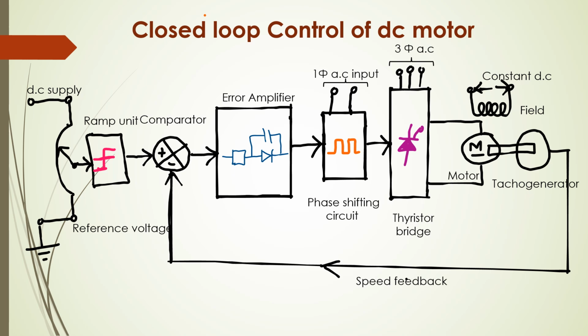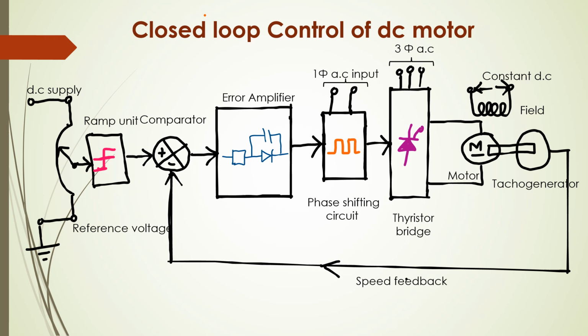Phase shifting circuit is nothing but the triggering circuit, which is connected to the gates of the thyristor bridge circuit. And this thyristor, after converting this AC supply to a DC supply, is fed to the motor here. What we have seen earlier was the AC supply connected to the rectifier, which converts or rectifies into DC, and that is fed to the motor armature.